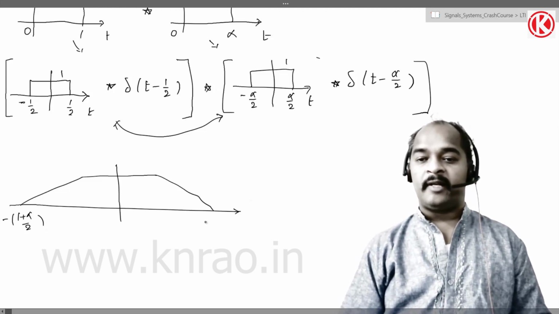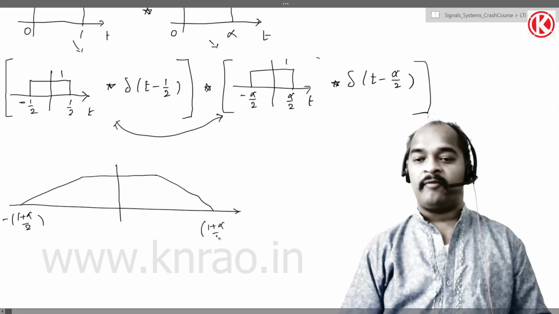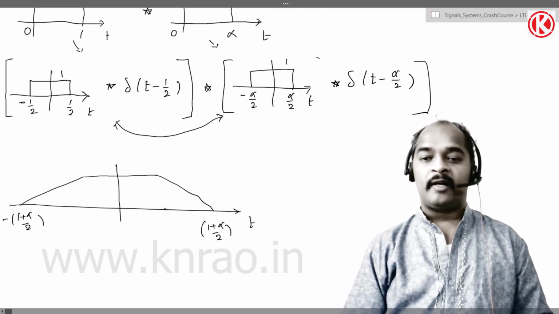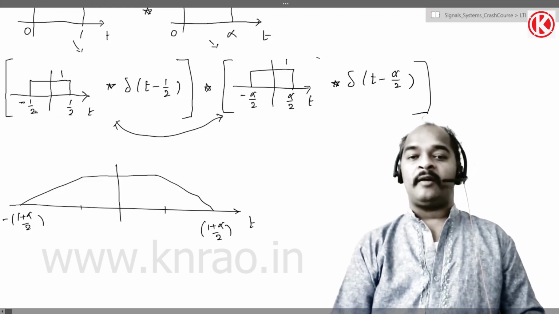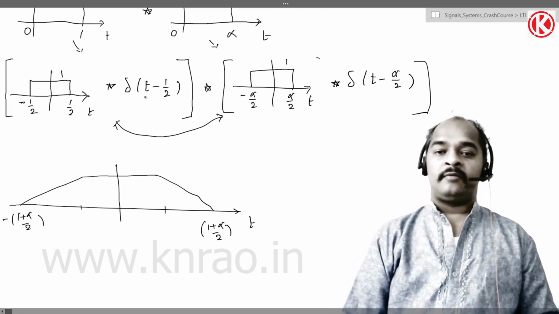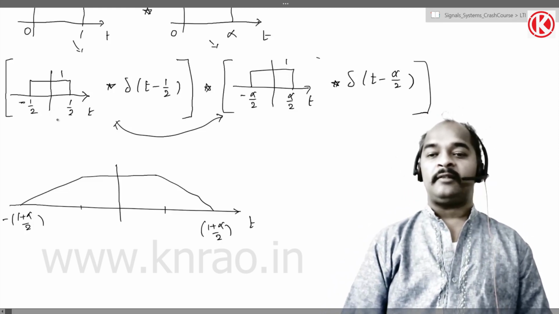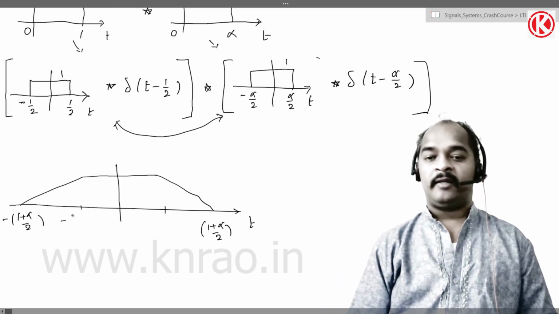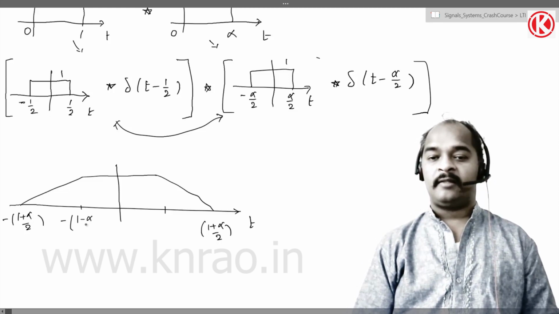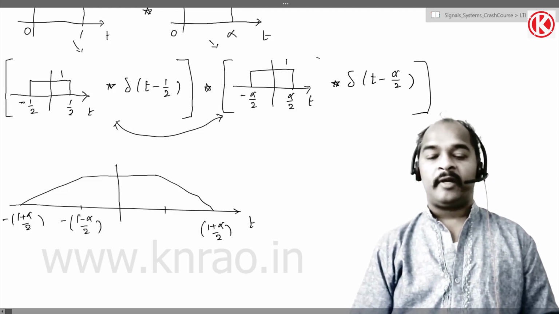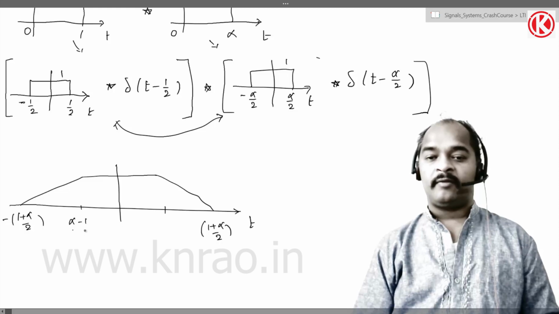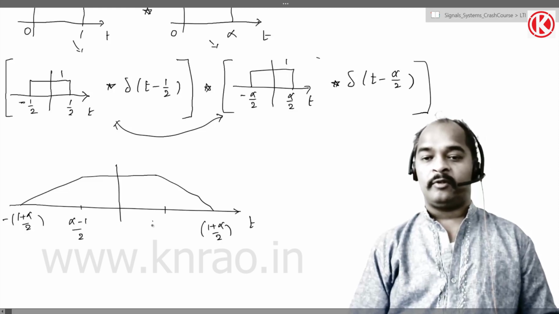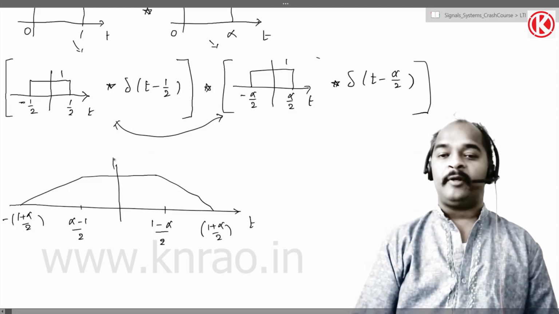And what is the extreme time limit? It is 1 plus alpha by 2. And what are the intermediate limits here? The intermediate limits should be minus of t1 minus t2. So you get minus of 1 minus alpha by 2, or I will say alpha minus 1 by 2. This one should be 1 minus alpha by 2. And what about the amplitude?